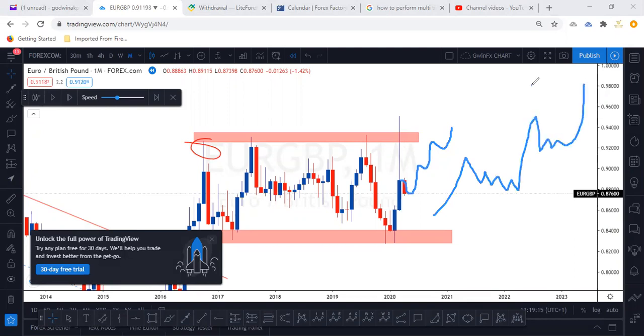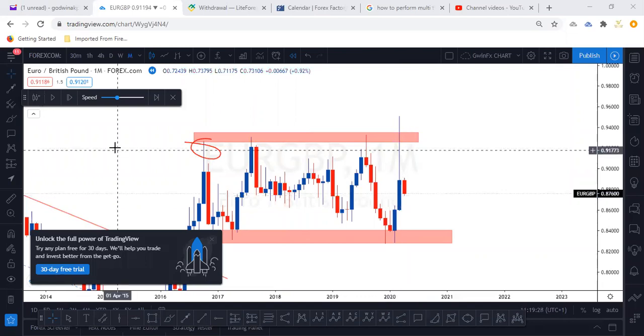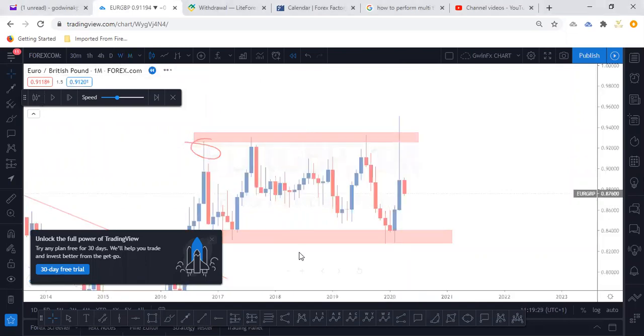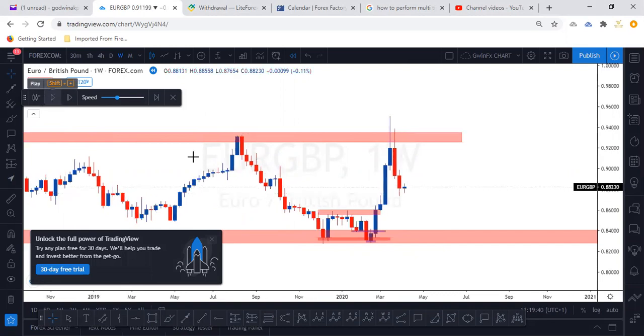So we have this impulse, we have this huge correction, and we expect to see a next impulse. So as a bull in this market, the Euro GBP, I want to wait on a weekly time frame to see. First week came in, second week, no entry. I would still like to wait for that to look for a reaction.